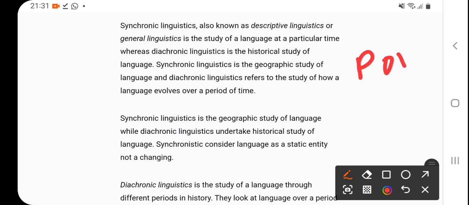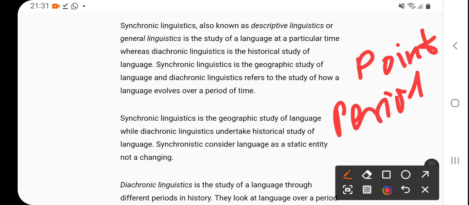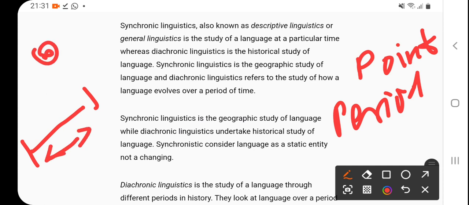You just have to remember it this way: point in time and period in time. In synchronic you study a point in time, while in diachronic we study a period of time, from here to here. That is called synchronic and that is called diachronic.